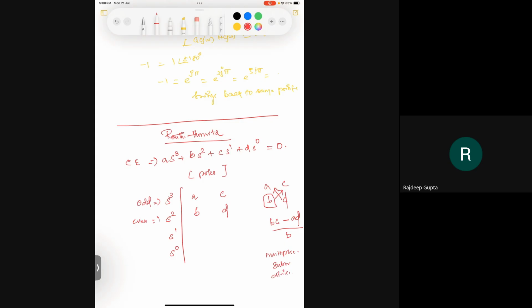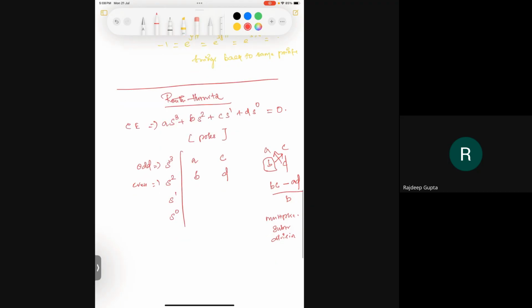So what does each operation mean? First, we are multiplying separately. This is called cross multiplication, where we take two different rows and do cross multiplication separately.